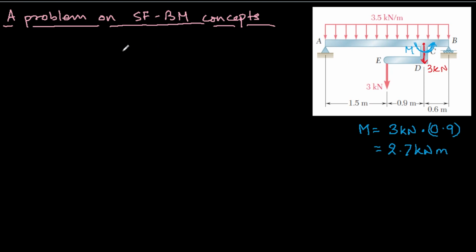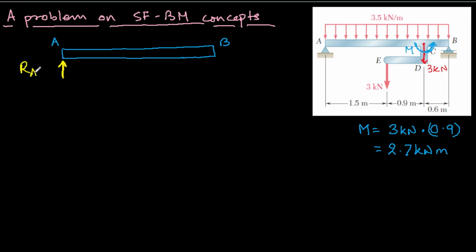I will draw it here for drawing the SF and BM diagram onwards. So let's draw the beam. So this is the beam. Okay, so this is the point A, this is the point B, and now as the first step, what we generally do is we will remove these supports, okay, and we will replace those supports by the reaction that those supports are actually providing.